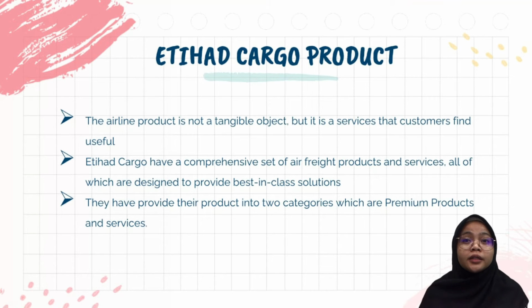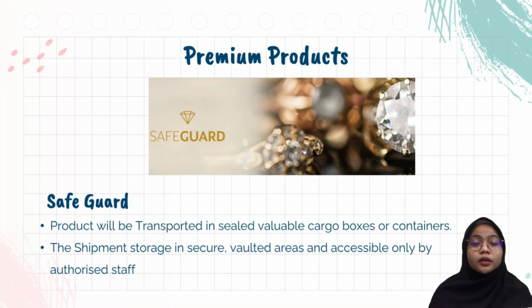They take pride in their creativity and strive to be the best air cargo logistic provider in the industry by providing the most up-to-date transportation techniques and technologies. Etihad has provided their products in two categories, which are premium products and services. So, for the first one, premium products.